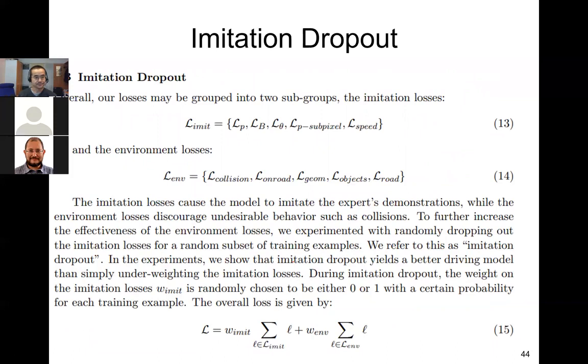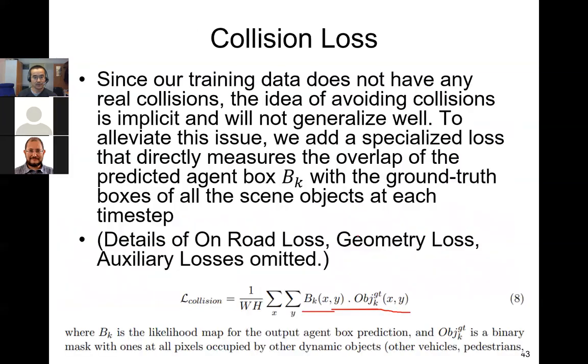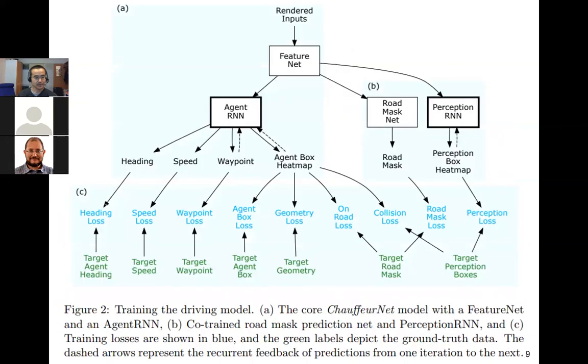So the imitation dropout. The losses are now separated into two groups. One is the imitation loss we saw before. On the left are the imitation losses, so you're trying to imitate the expert, and the larger your deviation from the expert, the higher the loss.